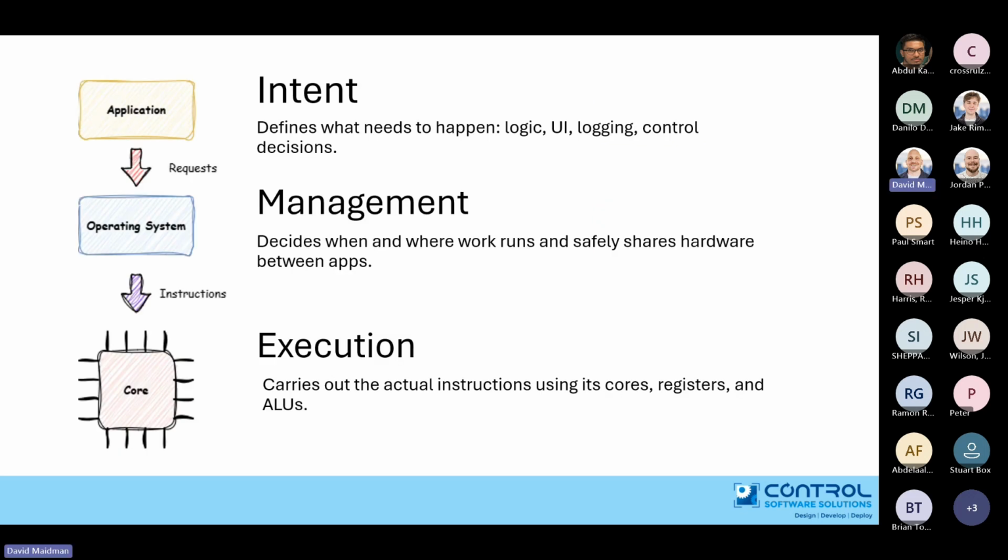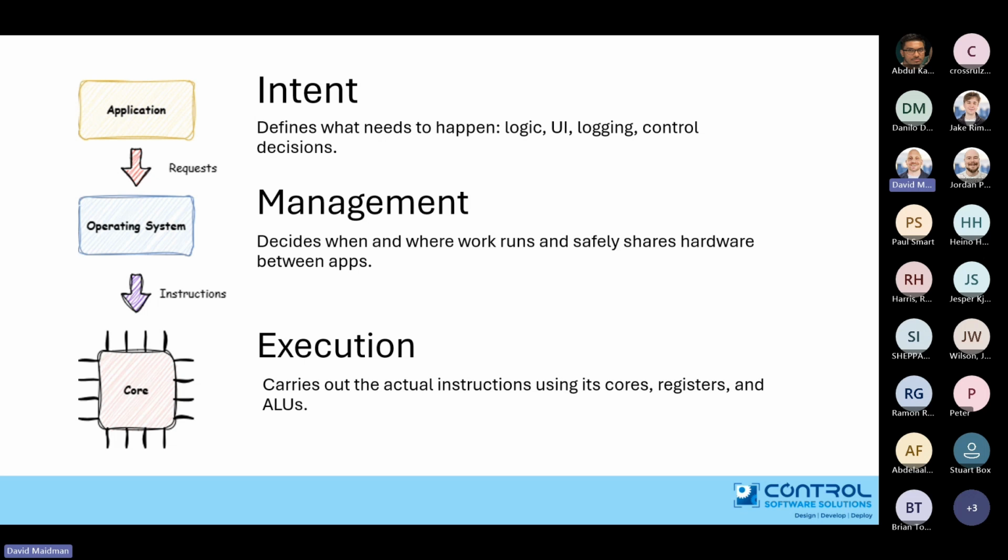So if we look at our system overall again, our application is our intent, what we want the system to do. It defines what needs to happen, how the user interface should look, and makes decisions. It sends those to the operating system, which is the management layer.